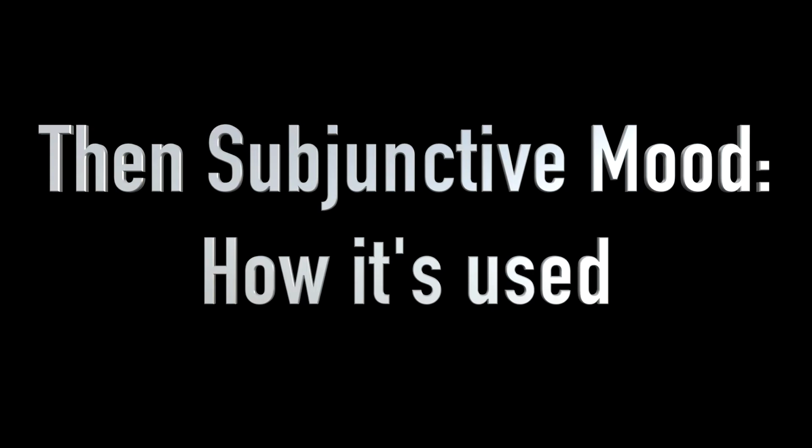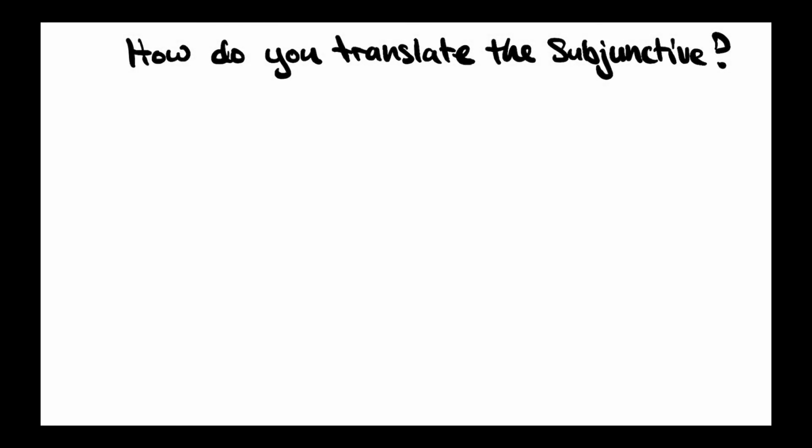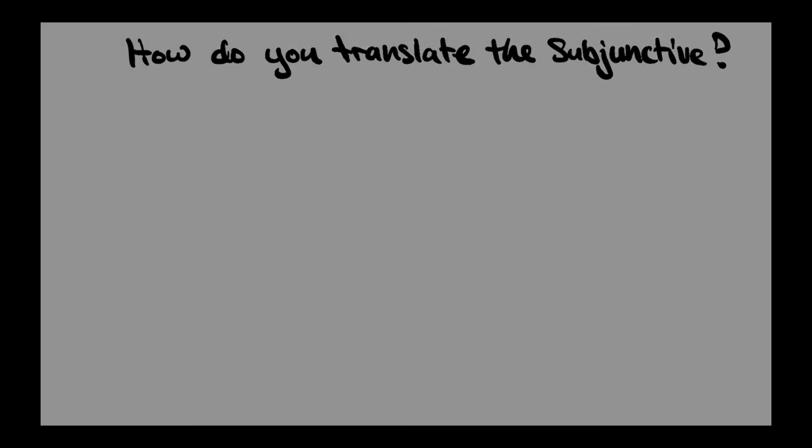To answer this question, one of the most important and most foundational things you can do is go back to the distinction between the present system and the perfect system and how they interact in a subjunctive clause with the main clause. And this is something called the sequence of tenses.